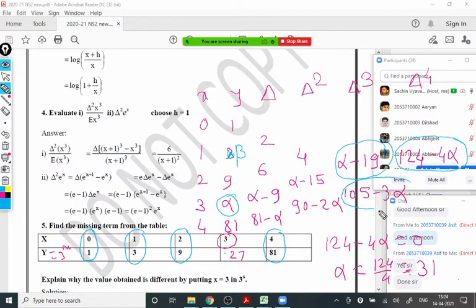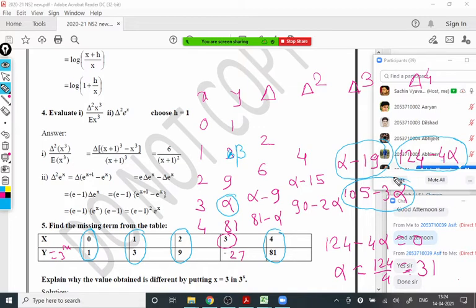You get two equations in alpha and beta. Solve two equations for two unknowns and you will get alpha and beta. So the number of constants that we have to find, that many equations we should have. That is the simple logic you can use.